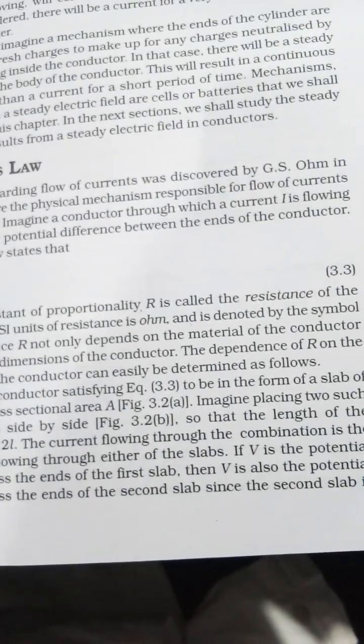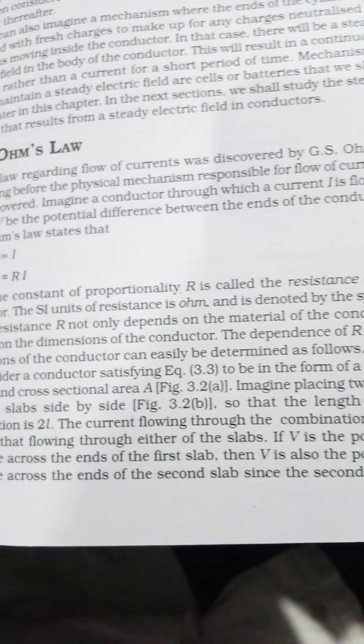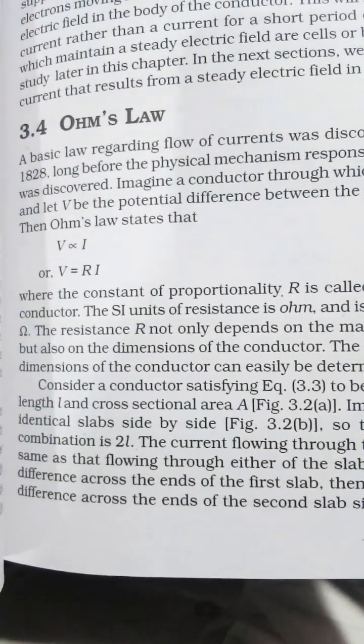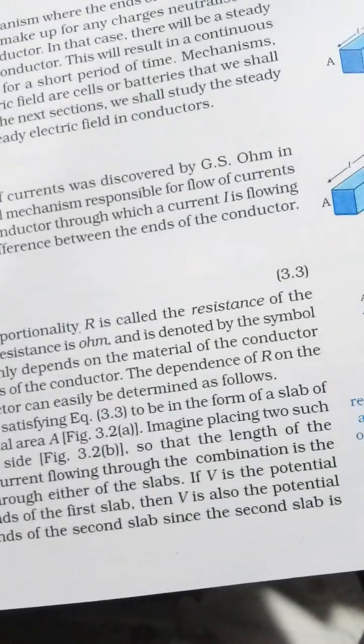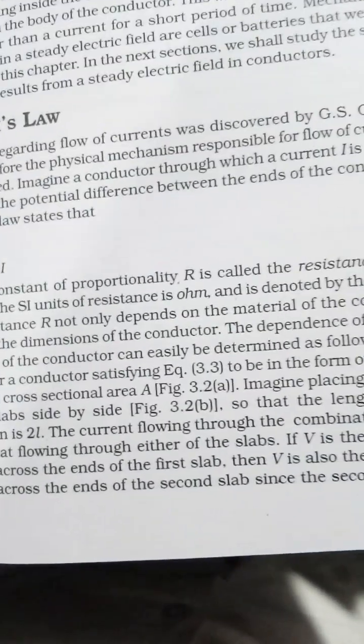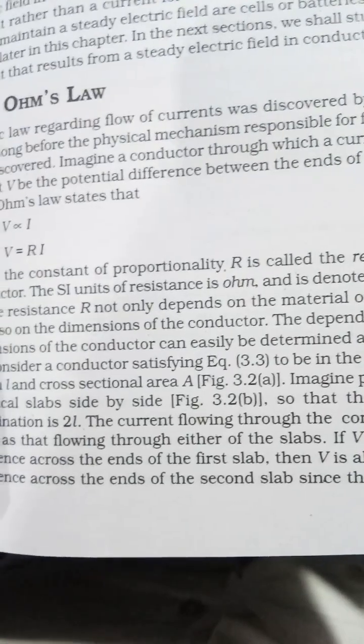The dependence of R on the dimensions of the conductor can easily be determined as follows. Consider a conductor satisfying equation 3.3, in the form of a slab of length L and cross-sectional area A.